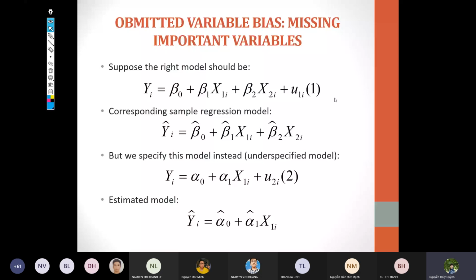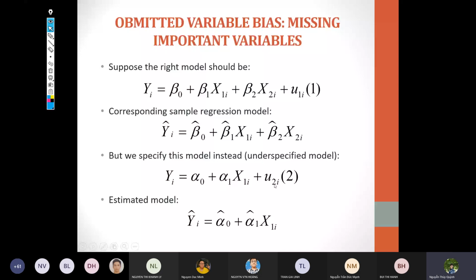That's why we construct a model that uses x1 only to explain the value of y, and we have model 2 like this: y_i equals alpha 0 plus alpha 1 times x1i plus u2i. This one is model 2 and this one is the correct model, model 1.